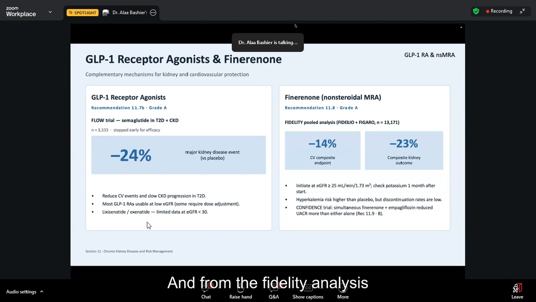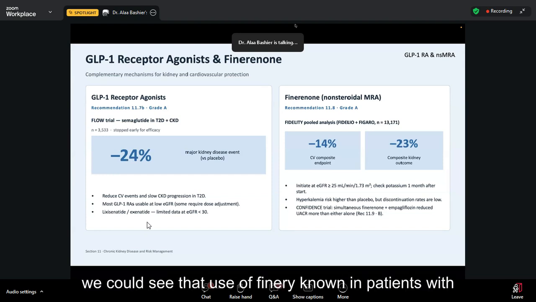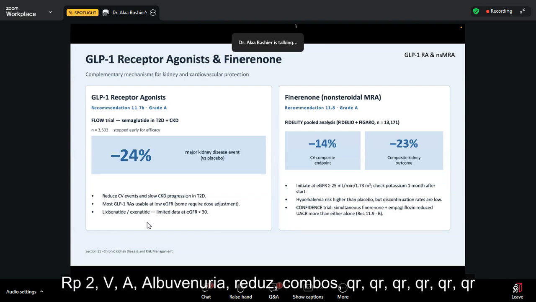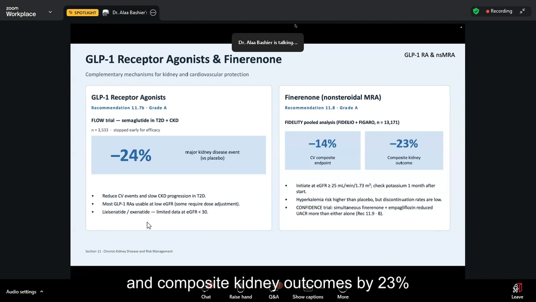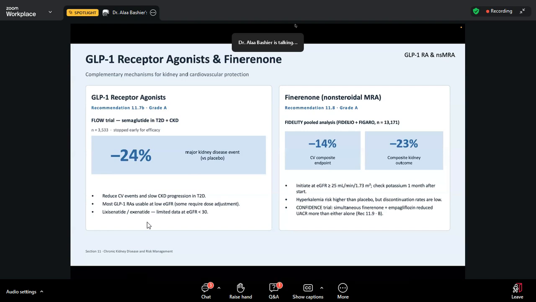From the FIDELITY analysis, we could see that use of finerenone in patients with type 2 diabetes and albuminuria reduced composite cardiovascular outcomes by 14% and composite kidney outcomes by 23%.